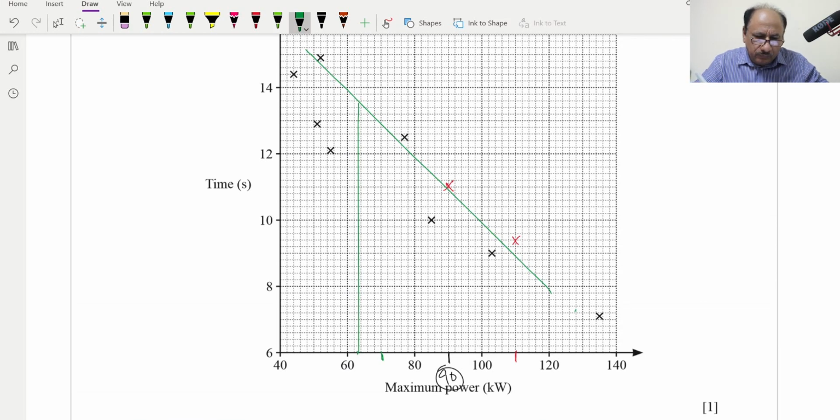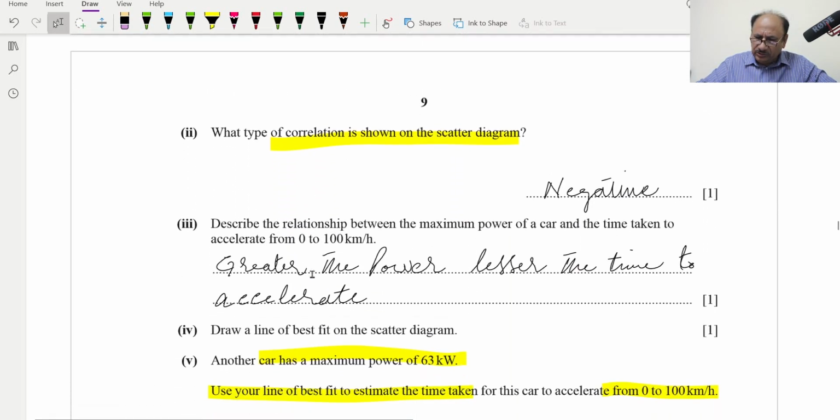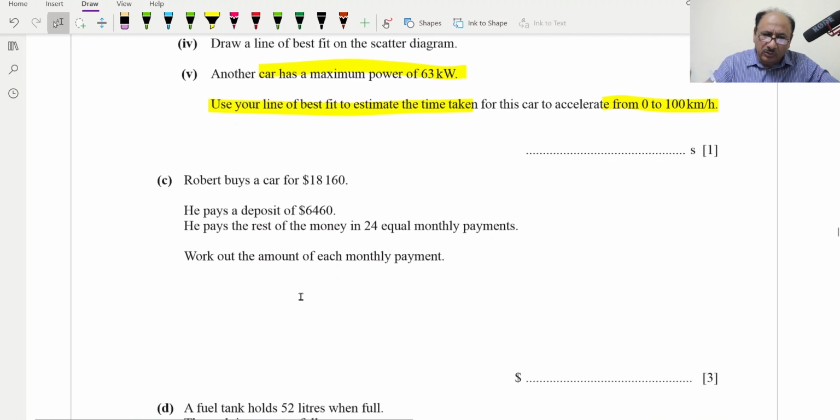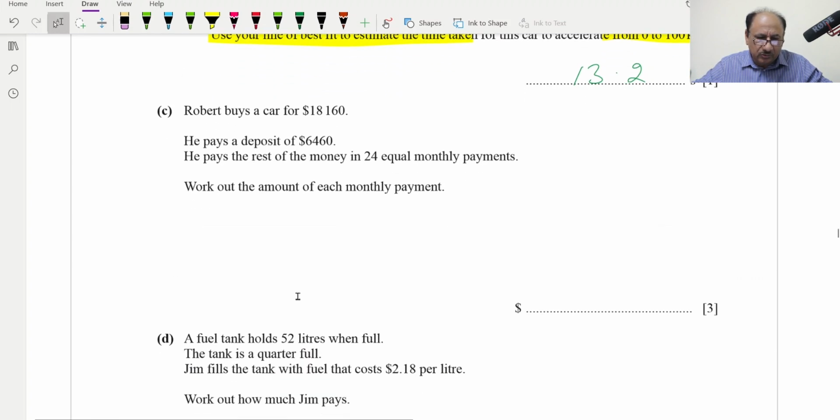Basically our line of best fit is a little above. If I amend the line of best fit, the proper line of best fit will be like over here. So we can write the answer as 13.2 or something like that, 13 or 13.2, whatever answer you're getting.